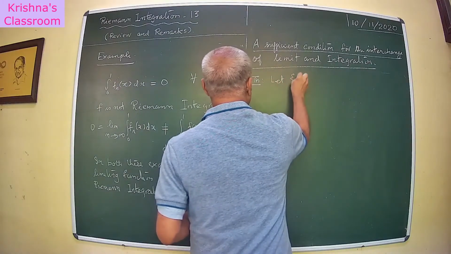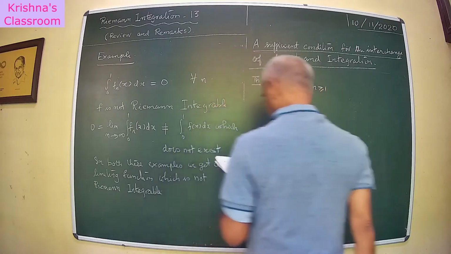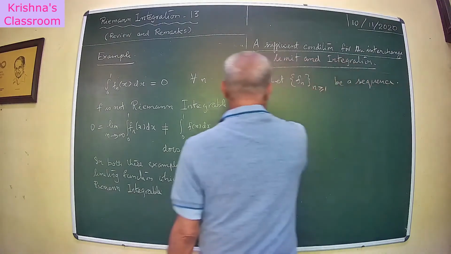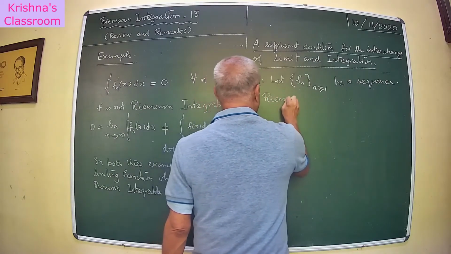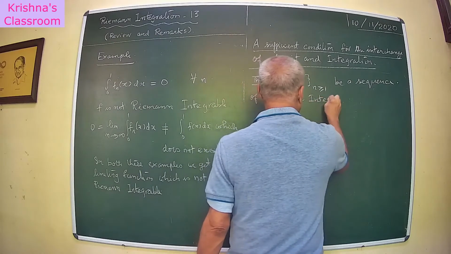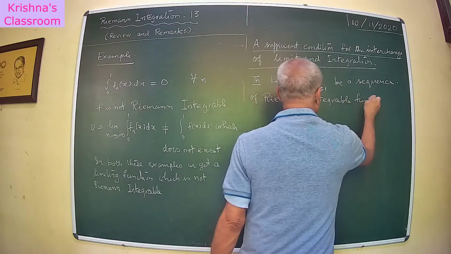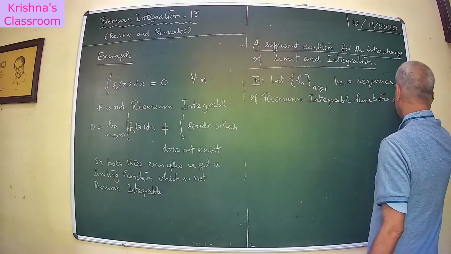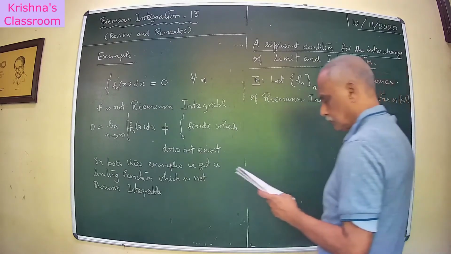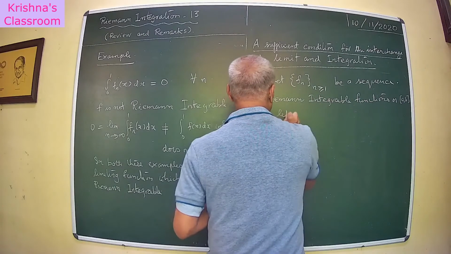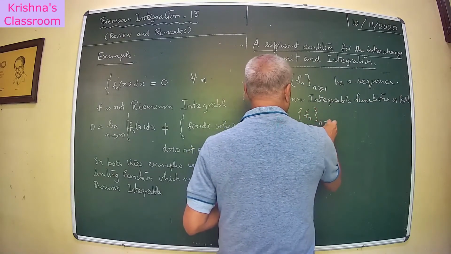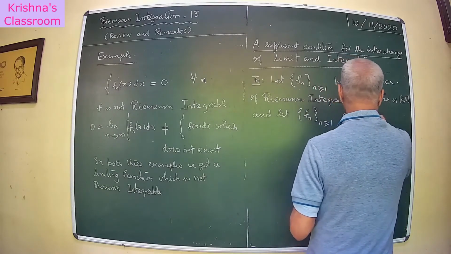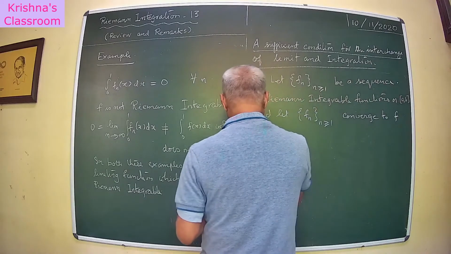Let f_n be a sequence of Riemann integrable functions on [a,b] and let f_n converge to f uniformly.